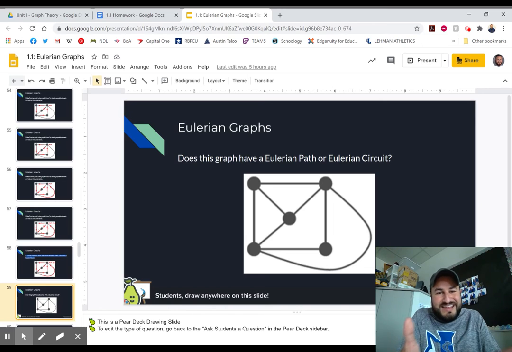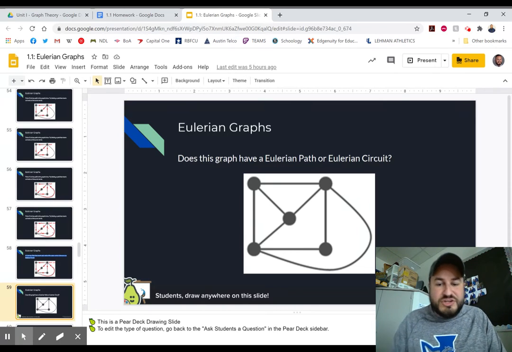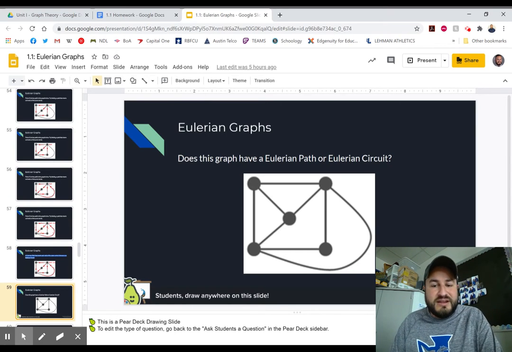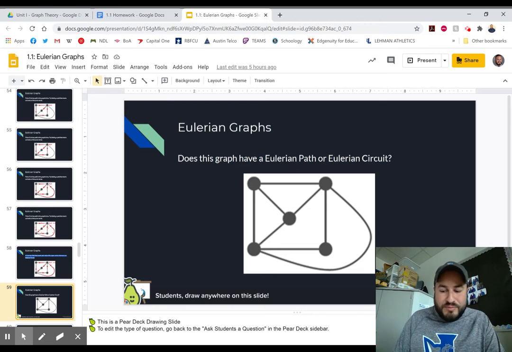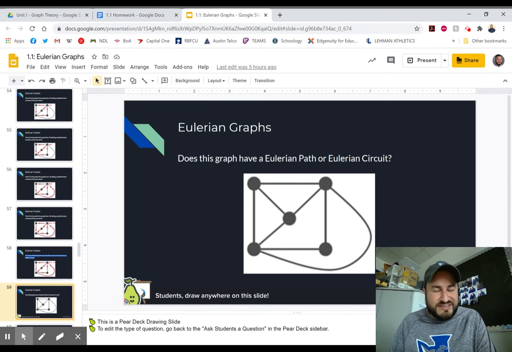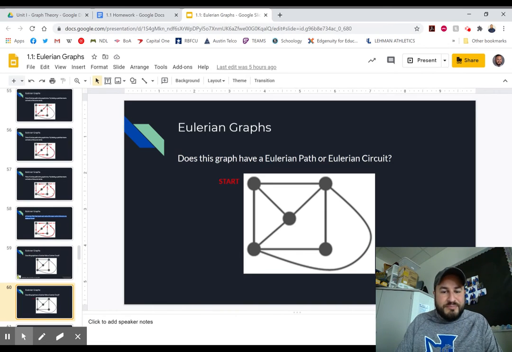In class today, I gave students this problem, and we did it in a couple of minutes. I'm going to show you a solution. It says, does this graph have a Eulerian path or a Eulerian circuit? After playing with it a little while, I was only able to find a path. A circuit for this graph does not exist, but here's an example of a path.